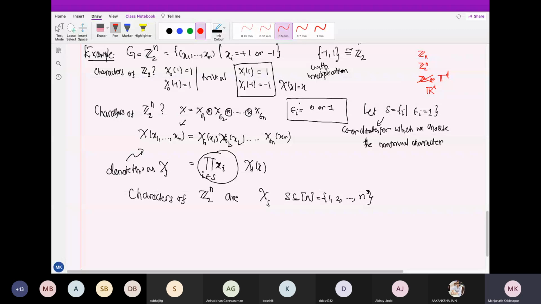These are the four groups from which all the applications are going to come.